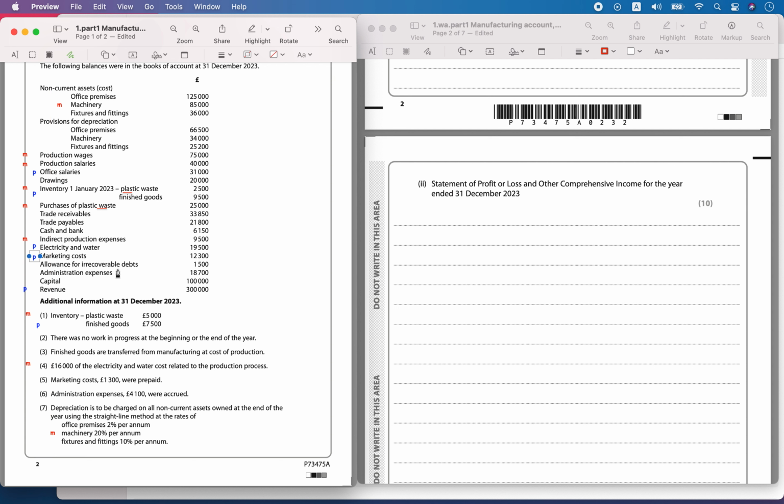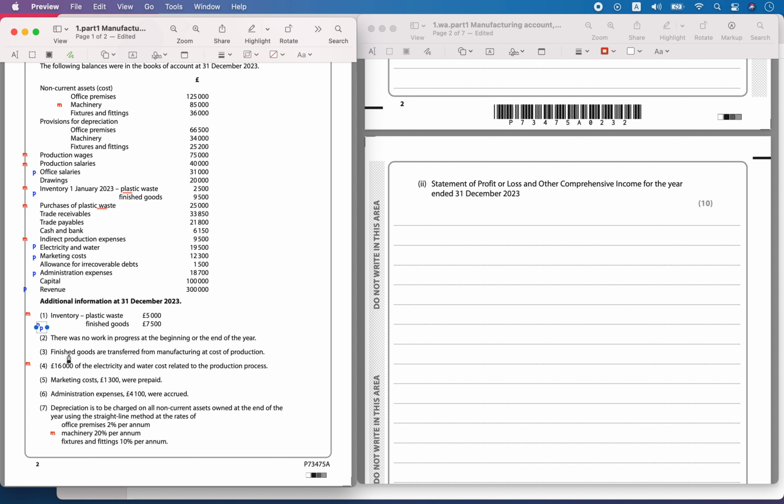Then we have to see if there is any change in irrecoverable debts, otherwise we don't have to change anything here. Then we have administration expense, which is going to come here. So let's calculate now. In the additional information they have given some changes to marketing costs.